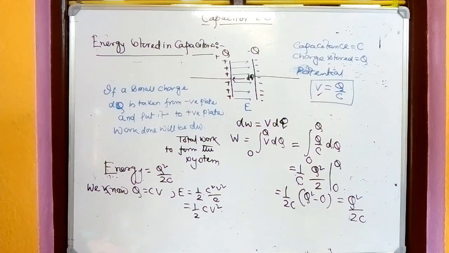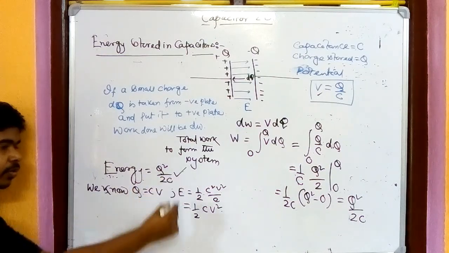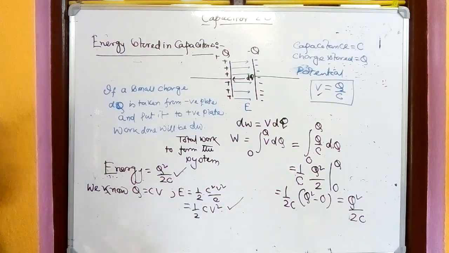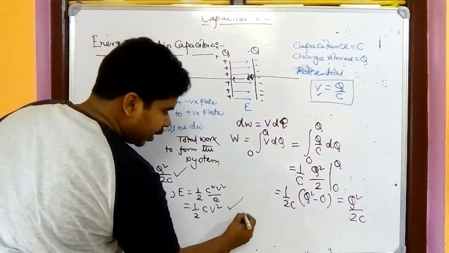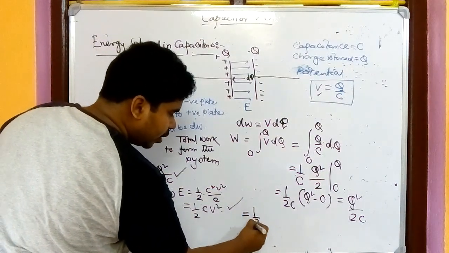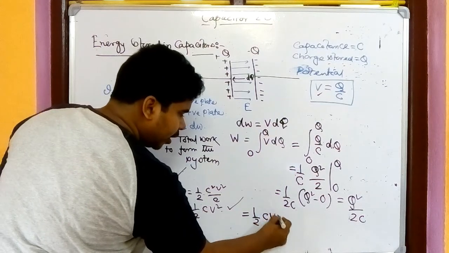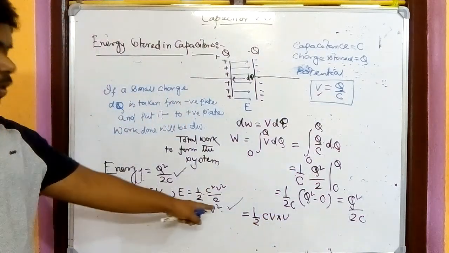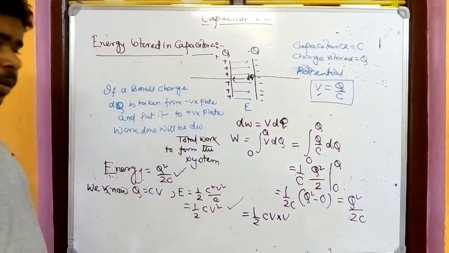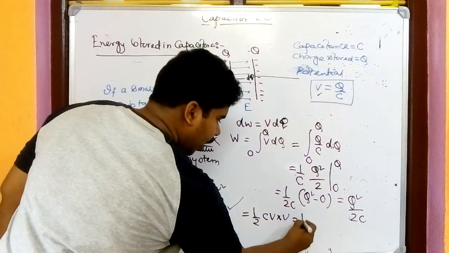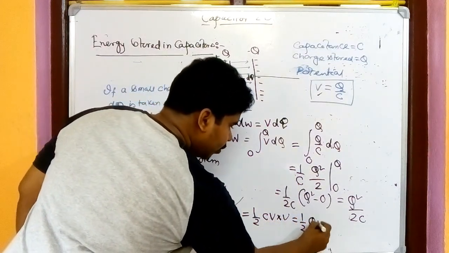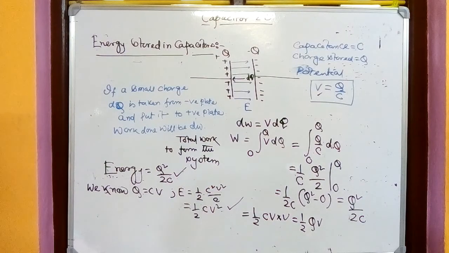Another form of energy: one is Q square by 2C, another one is half CV square. Again, we all know that Q equals CV. So by this equation, we can write half CV into V, that is half of Q into V.